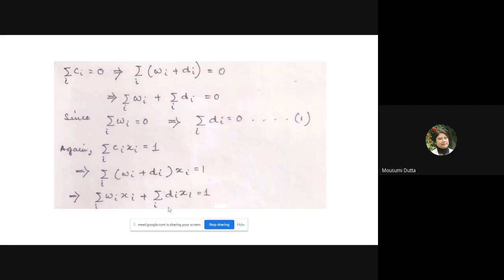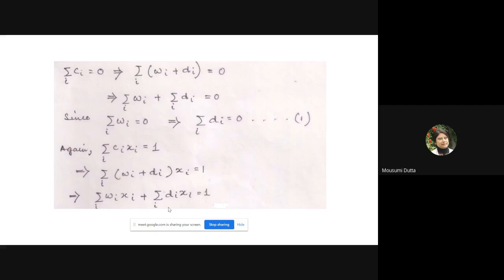Now summation CI equal to 0 is equivalent to summation WI plus DI equal to 0, because we have defined CI in this way. This implies summation WI plus summation DI is equal to 0. Now what is WI? XI minus X bar divided by summation XI minus X bar whole square.